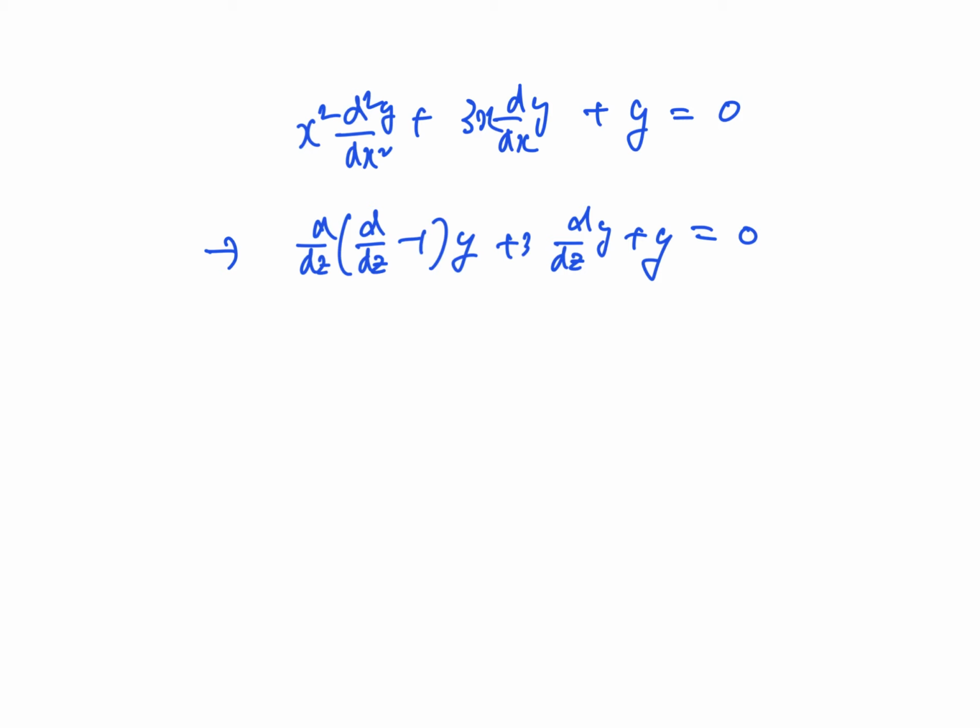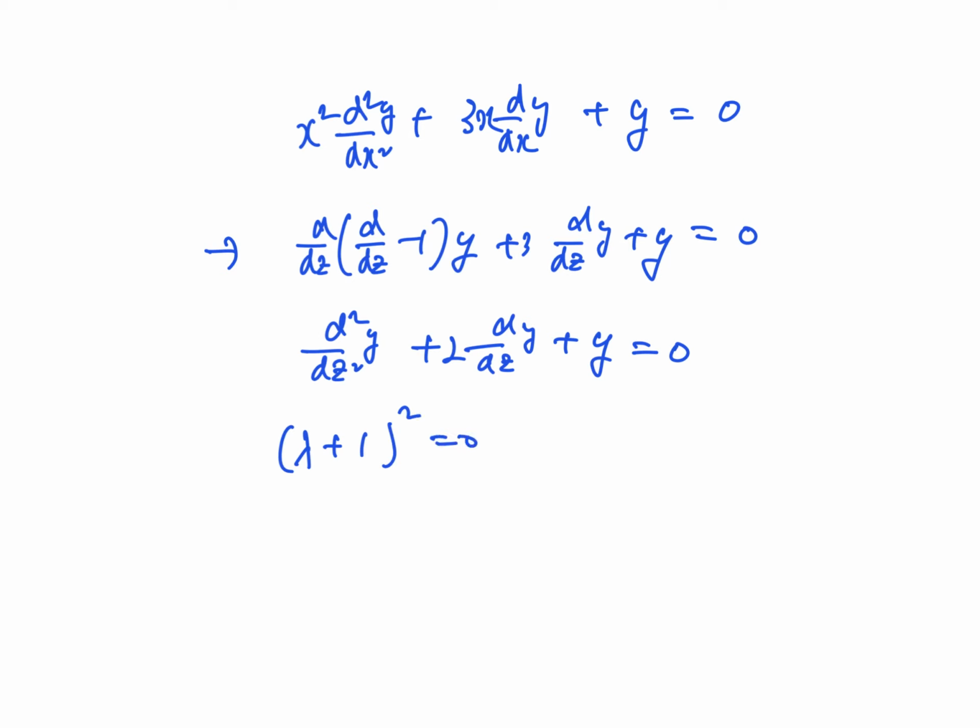So d²y/dz² + 2 dy/dz + y is equal to 0. So (lambda + 1)² is 0. Lambda equal minus 1.